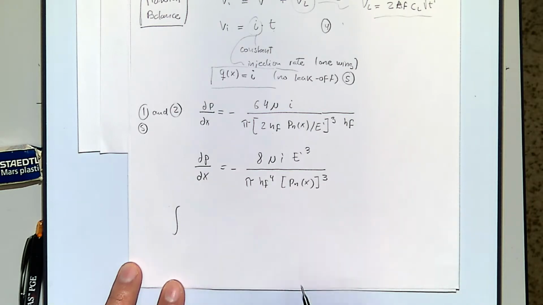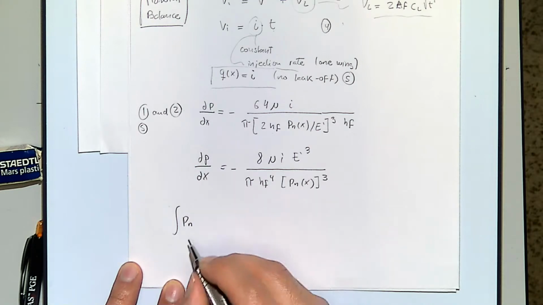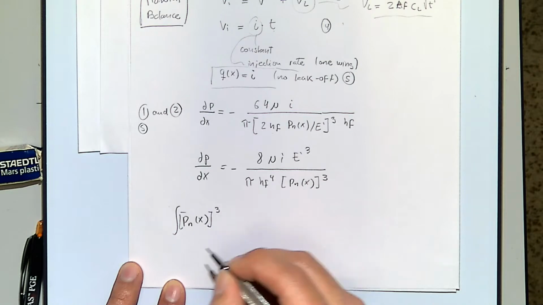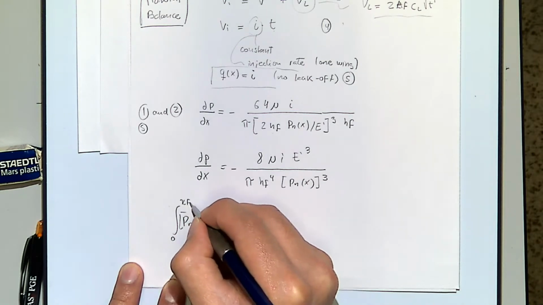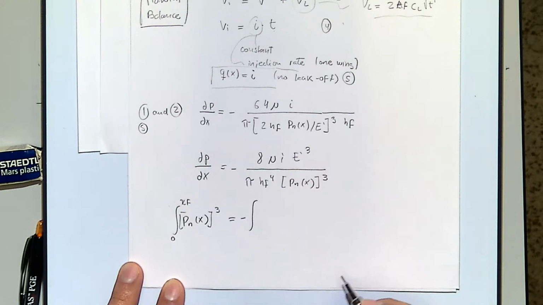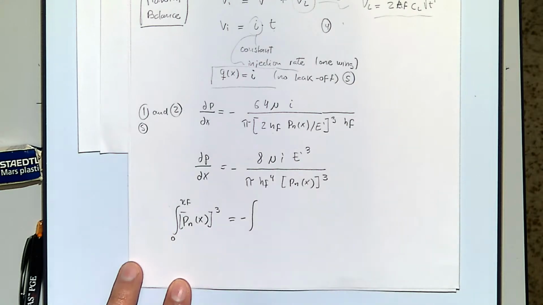So the dP, notice this P is going to go over here to the top, from 0 to XF, and over here I integrate X from, wait.